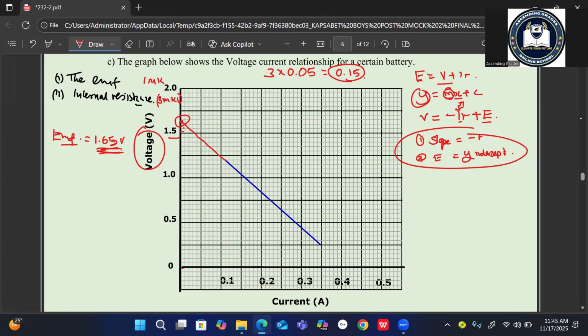Then our part 2, we are asked about the internal resistance. Therefore, I'm supposed to calculate the gradient. So where am I going to pick my points?